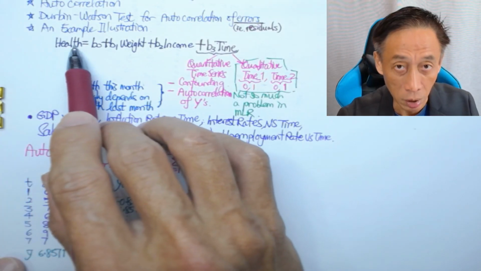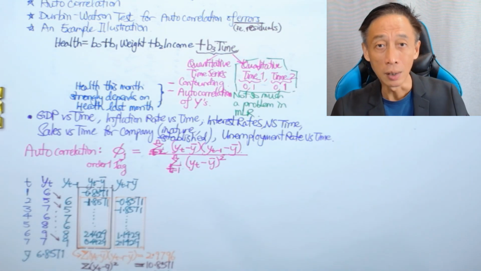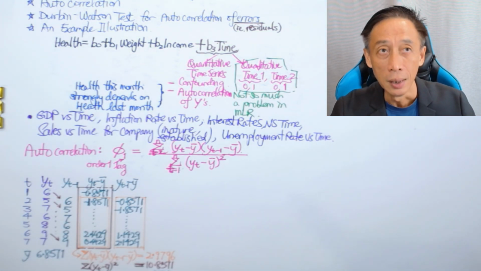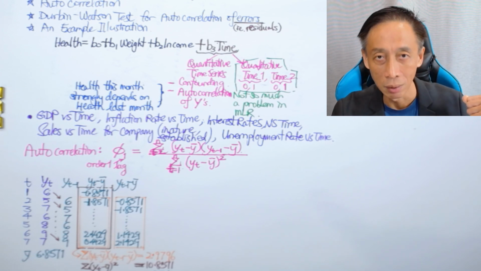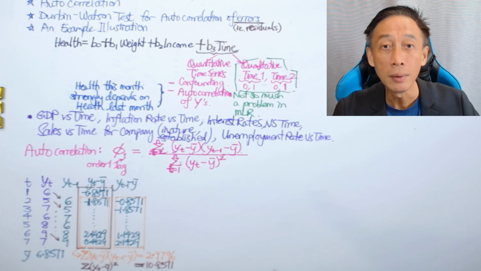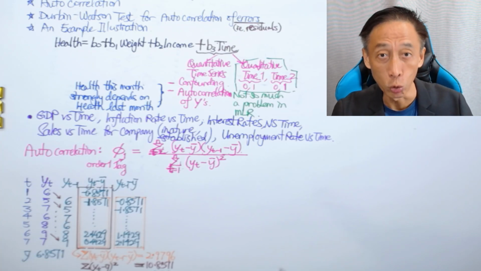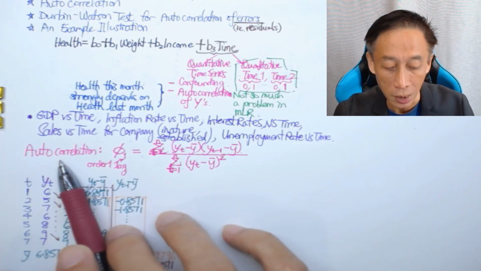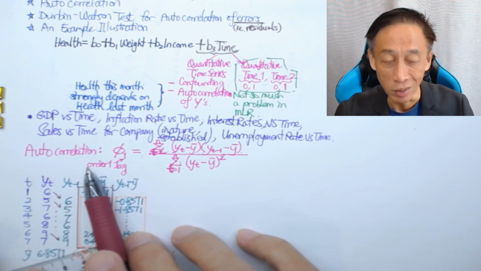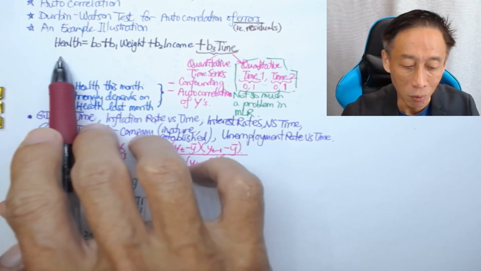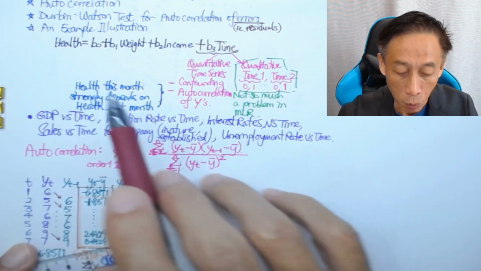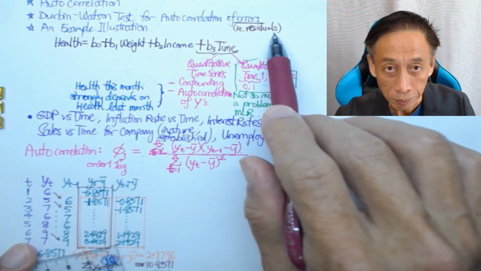response variable. Because if the response variable itself is strongly explained by, highly connected to, its previous value, then there may be a case for autocorrelation. So we calculate autocorrelation most of the time for two things. One is the y variable, the other one is the residual.